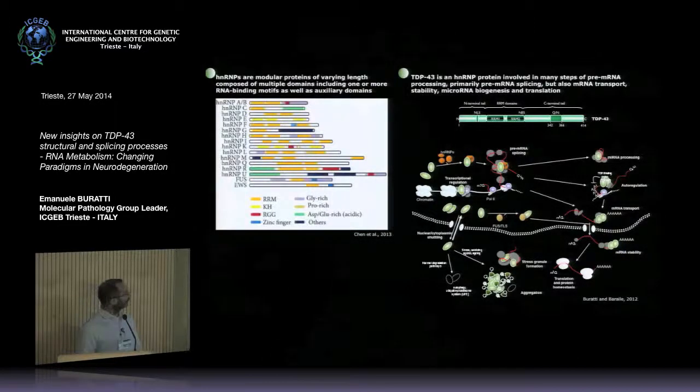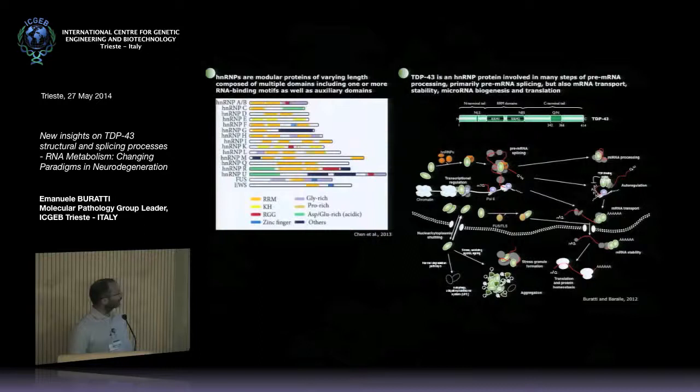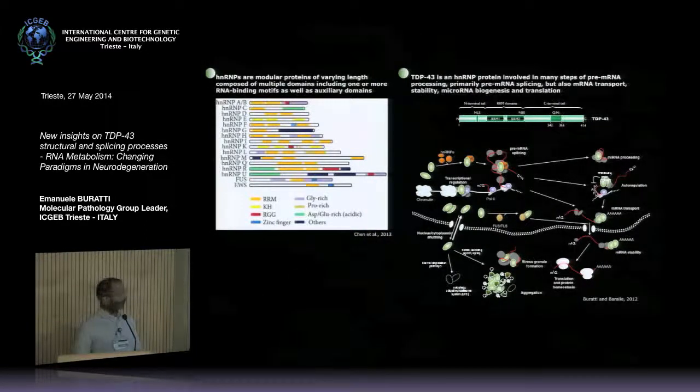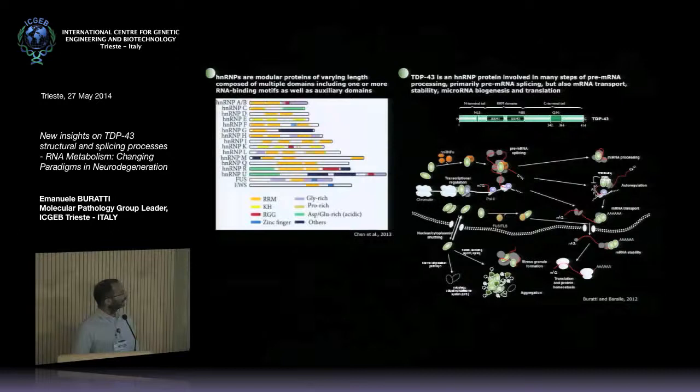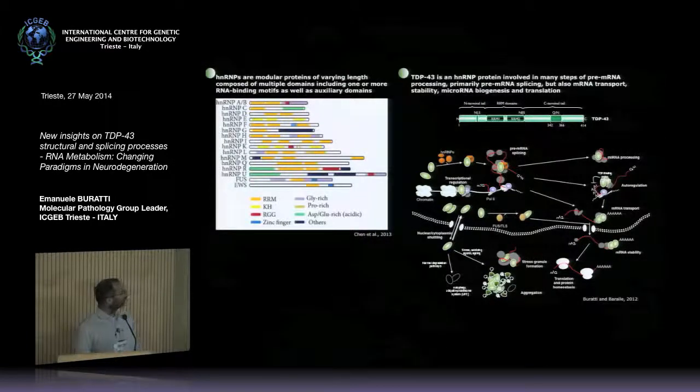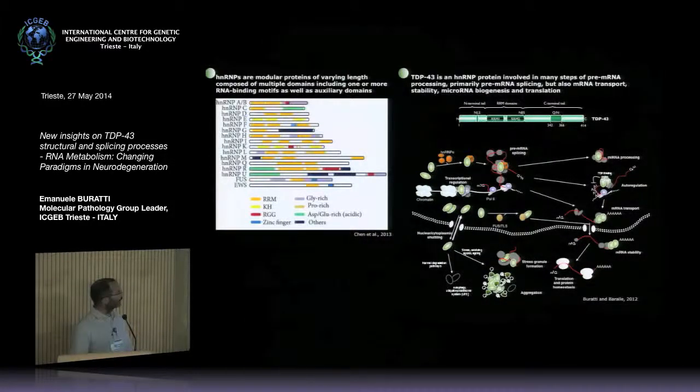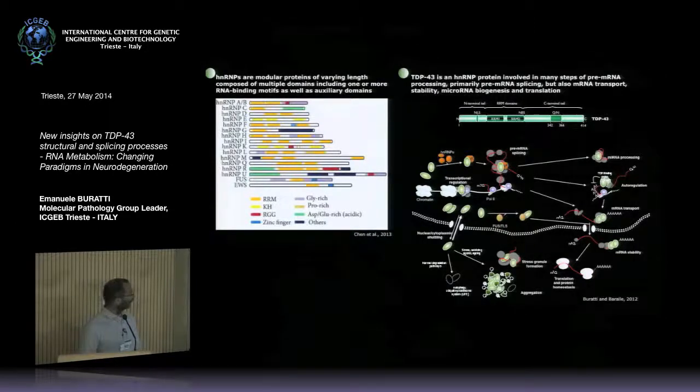What these proteins do is act as a connection between all the different stages of an mRNA life cycle, starting right from the transcription event, then all the other processing events that the mRNA undergoes, so the splicing, of course, but also the modifications, the transport, and the translation itself, which are mostly mediated by members of the hnRNP proteins.